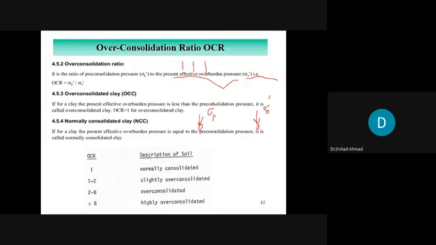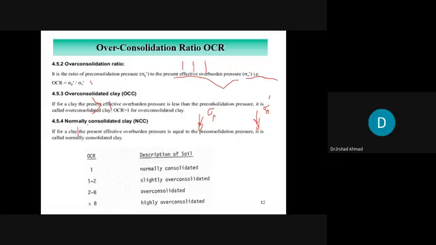What is an over-consolidated clay? If this past pressure is greater than the current pressure, the over-consolidation ratio would be greater than 1. So if this is greater than 1, this soil is called over-consolidated clay. But if there was no fill on the soil, and the present pressure is equal to the maximum pressure, then sigma p would be equal to sigma naught, and the over-consolidation ratio would be equal to 1.